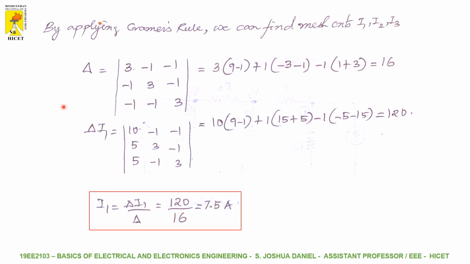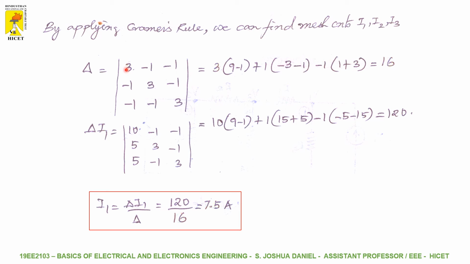We need to find out the currents I1, I2, I3, and we need to find the determinants. So we are writing the determinant as delta, where we have the values 3, minus 1, minus 1, minus 1, 3, minus 1, minus 1, minus 1, 3. So how to solve this? So the first column will be plus, the second column will be negative, the third column will be plus.